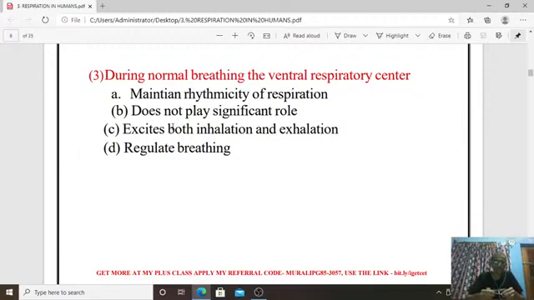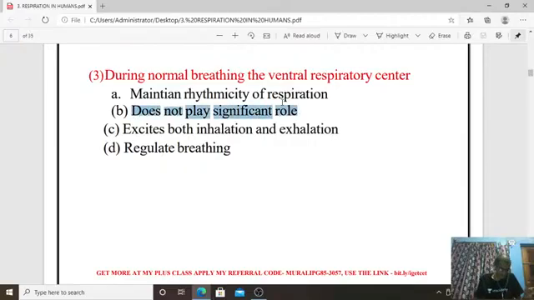The third question: during normal breathing, what will the ventral respiratory center do? In the first question I asked about rapid breathing, isn't it? Here, in the normal breathing rate, in the normal condition, what is the function of the ventral respiratory center of the brain? It does not play a significant role.